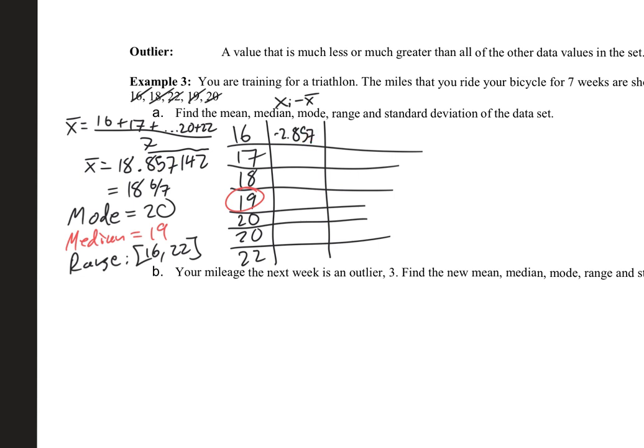Then I got negative 1.857, and then I got negative 0.857, and then I got 0.1429, which also is a repeating pattern for, I believe, 1/7. And then 1.1429, and then another 1.1429, and then 3.1429, which is not pi.